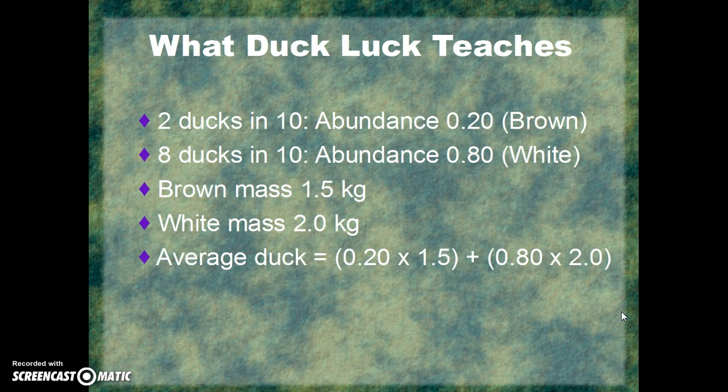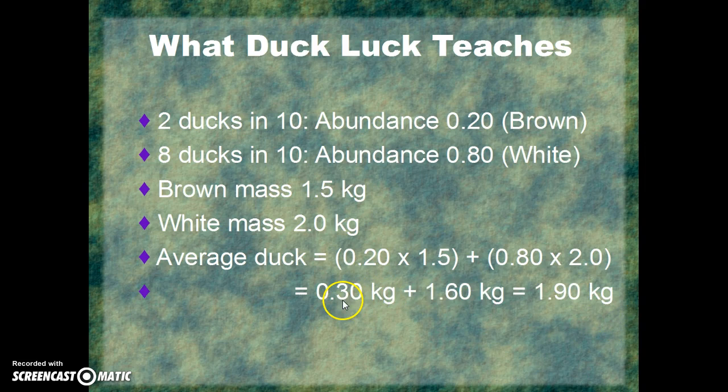The average duck then is the abundance of brown ducks times the mass, or 0.20 times 1.5 kilograms, added to the abundance of white ducks, 0.8, times the mass of each, 2 kilograms.